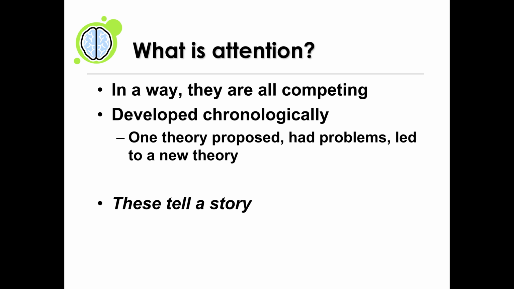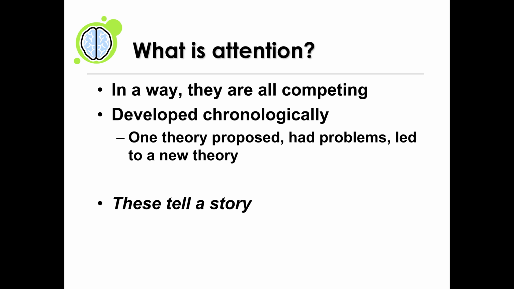So the theory of evolution is the best explanation for how Homo sapiens are here, as well as all of these other organisms. If there is evidence that suggests that evolution is not right, then there needs to be a modification of evolution. So there you have it. It's a nice little way: developed chronologically, theories taken over upon prior theories. These tell a story, and that's the cool thing. So we're going to start from the beginning, and we're going to go to the end and kind of be at where we are now.